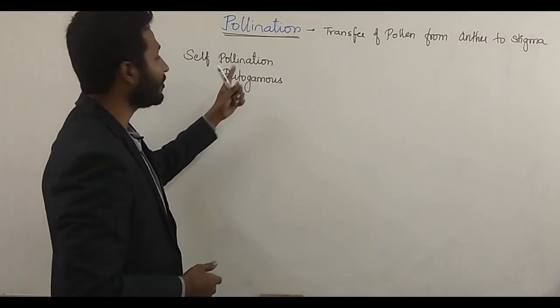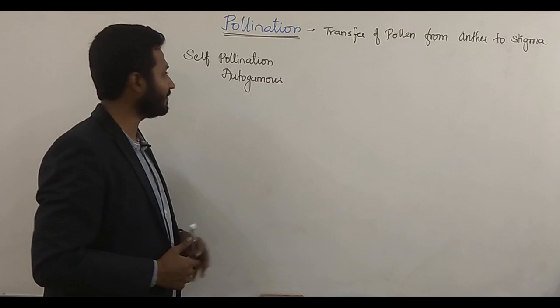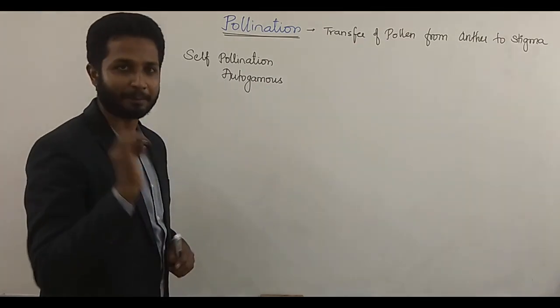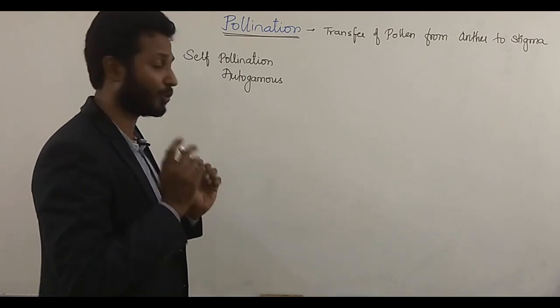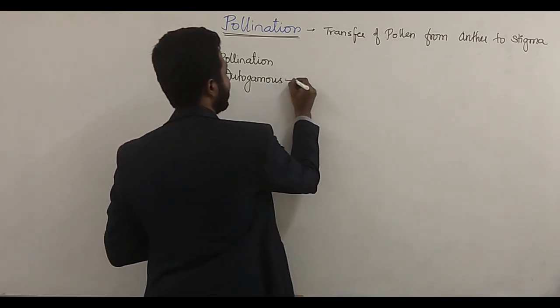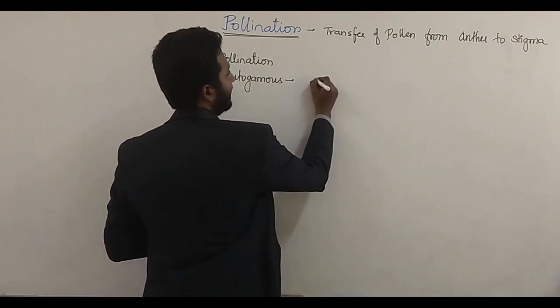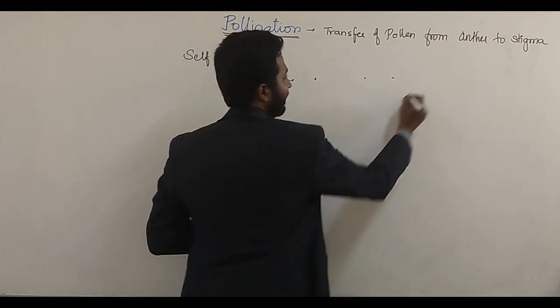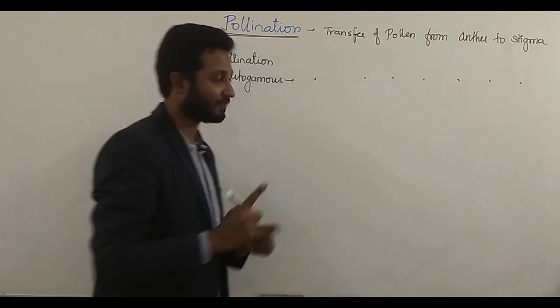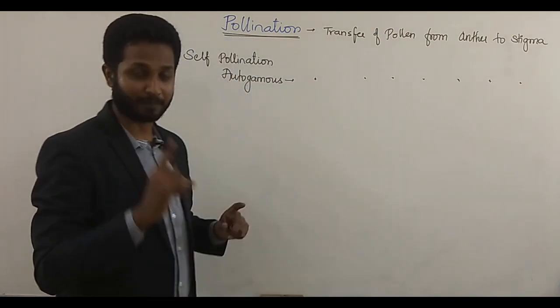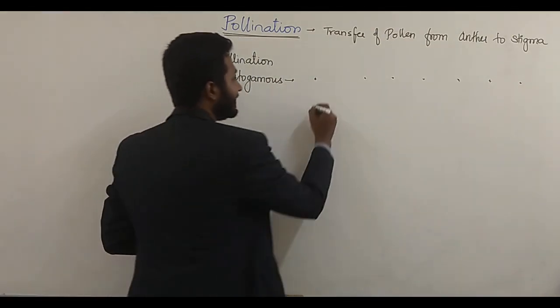So we have the autogamous condition being observed in some plants. Which are those plants especially? And what is the definition of autogamy? Autogamy is a condition where transfer of pollen from anther to stigma happens, but within the same flower.